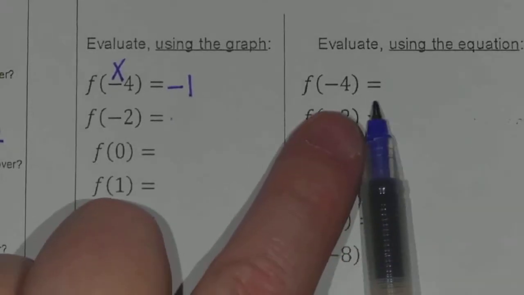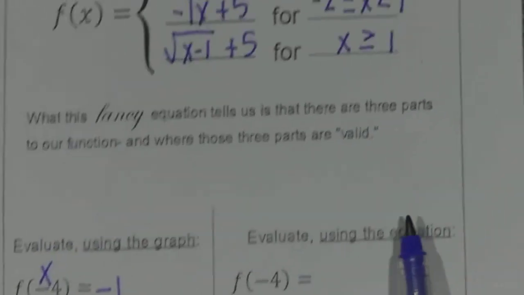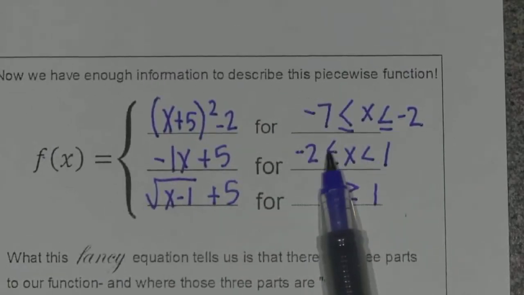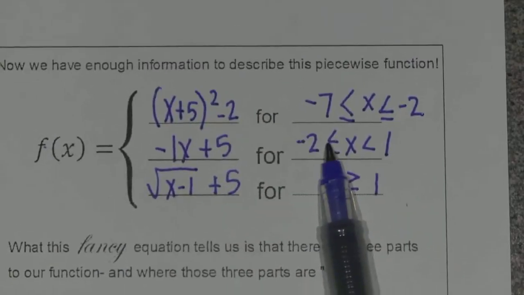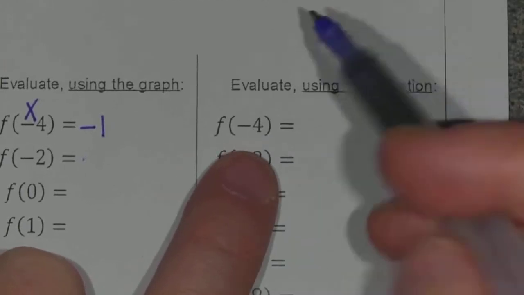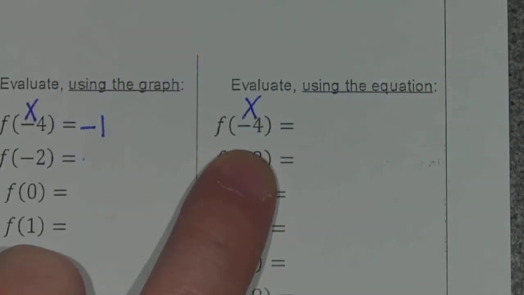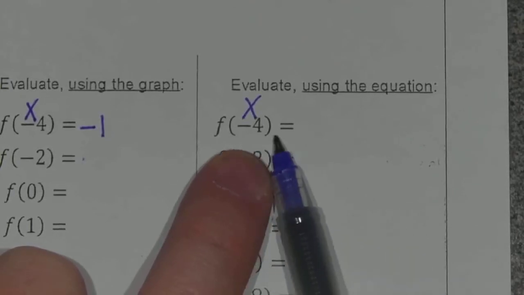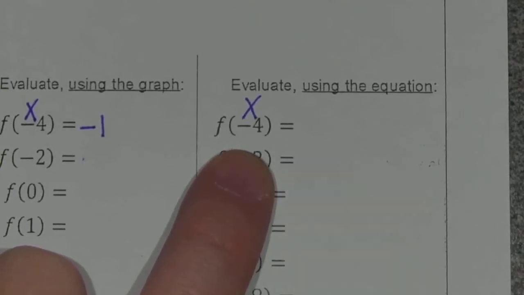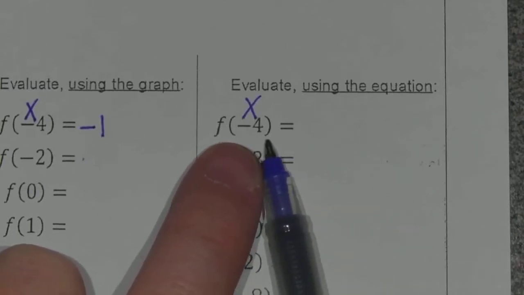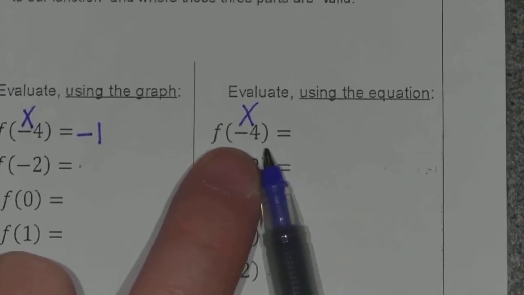Now I want to show you how to evaluate that using the equations up here so that we can show you algebraically how to do it also. So it says that my x value is -4. Okay, so this is my x value.